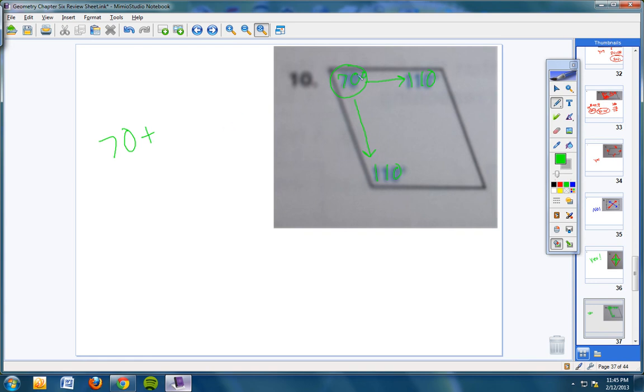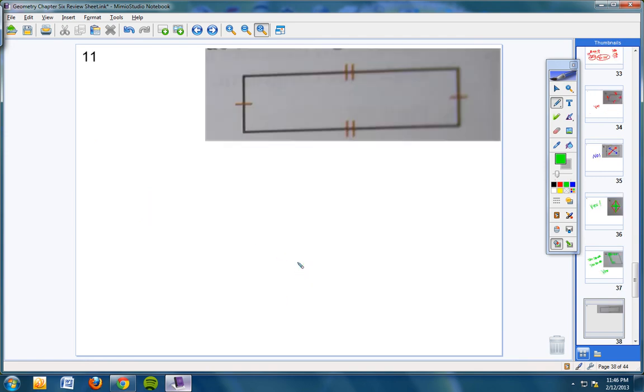We say if one angle in a quadrilateral is supplementary to both of its consecutive angles, then it's a parallelogram. So 70 plus 110 equals 180, and then 70 plus the other angle, 110, equals 180. Yes, we have a parallelogram. All right, number 11.